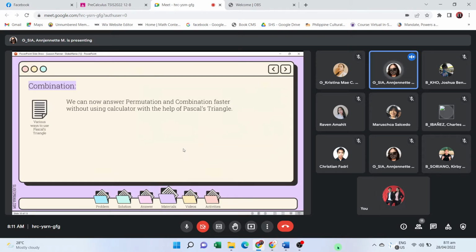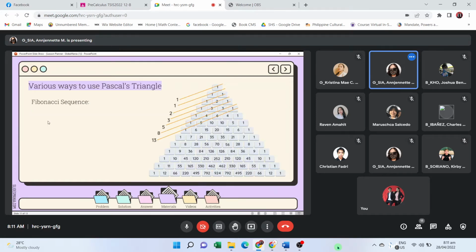We can now answer permutation and combination faster without using a calculator with the help of Pascal's triangle. For the bonus discussion, various ways to use Pascal's triangle. First is the Fibonacci sequence.